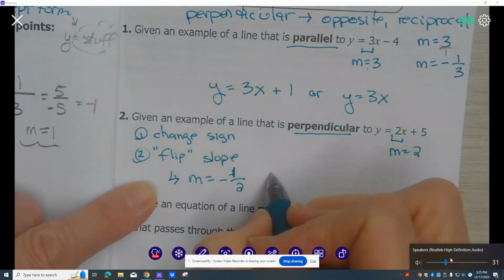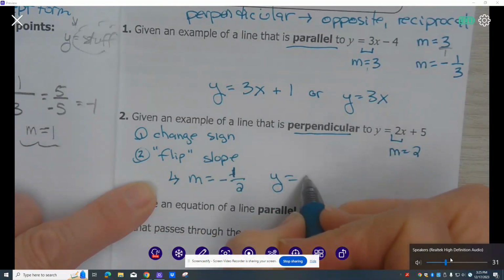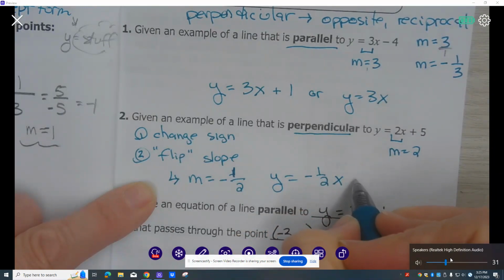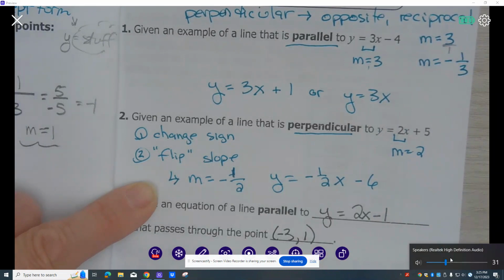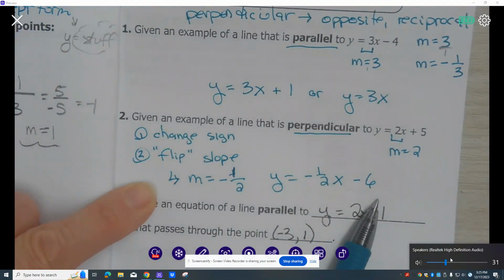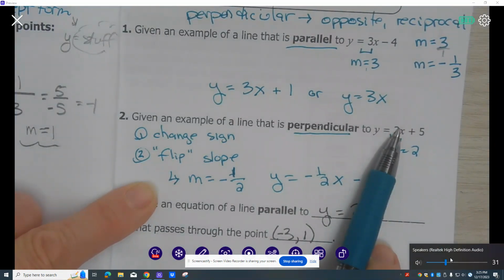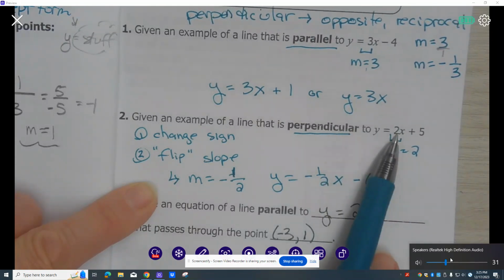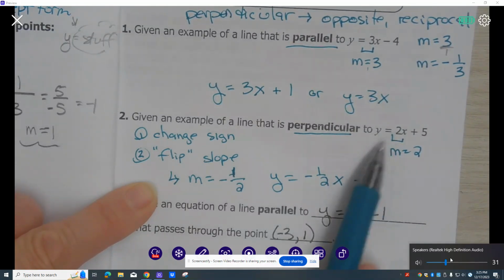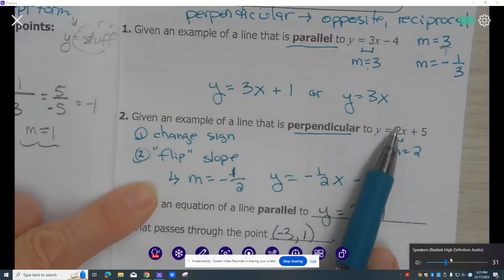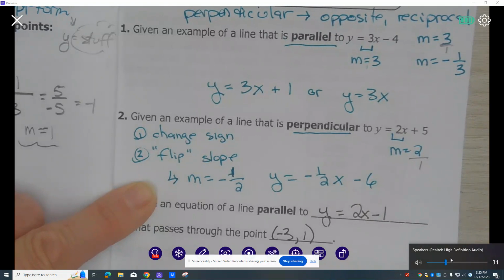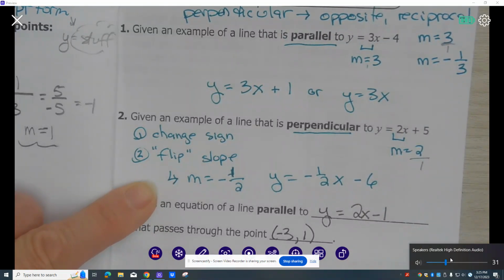So an example of a line perpendicular to this one would be y equals negative 1/2 x, whatever we want to put on the end, minus 6. We're just making up an example of a line that's perpendicular to this one. So we only need to change that slope. Positive 2 becomes negative. 2 is the same as 2/1. So if I flip that, I get 1/2.